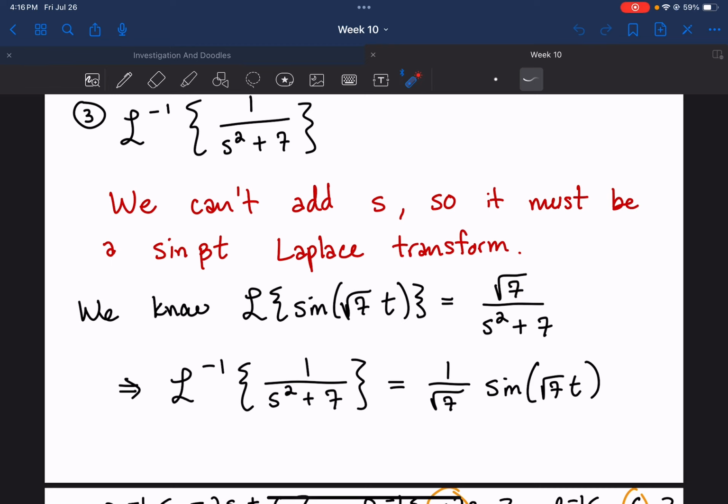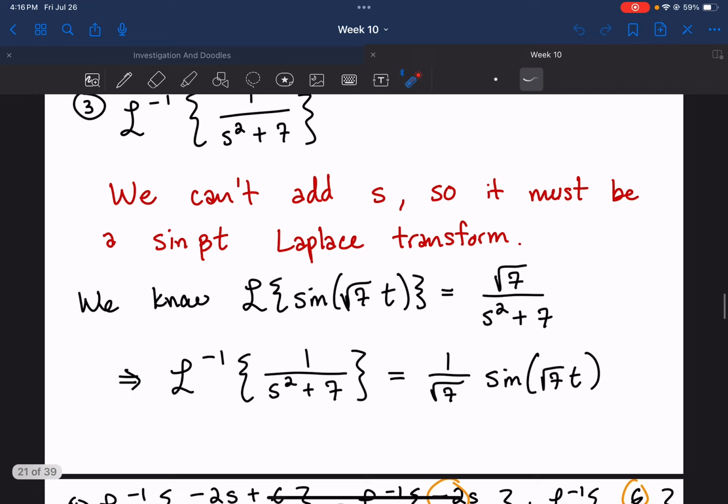So what am I going to do? I'm going to add a root 7, square root of 7 over square root of 7. Bring this one inside, leave this one outside, and I get the inverse Laplace transform of 1 over s squared plus 7 is 1 over root 7 stays, and then this becomes sine.